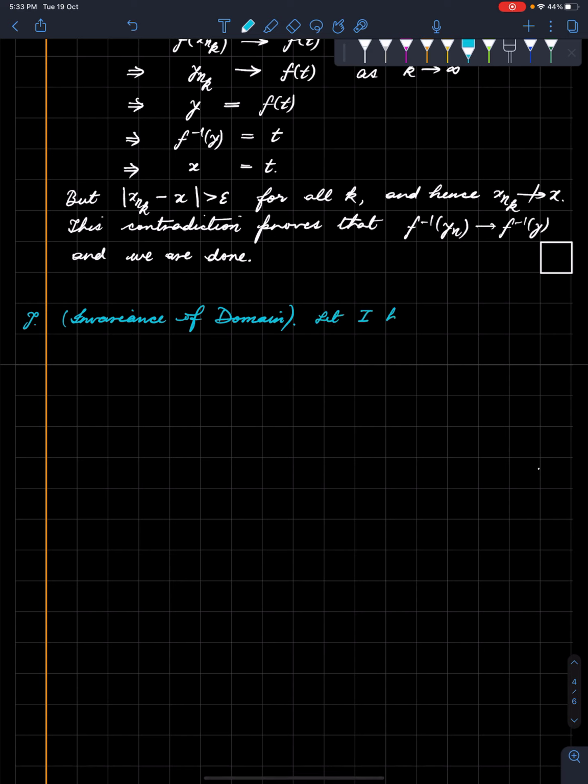So let I be an interval in R, of course, and f from I to R be an injective continuous function.